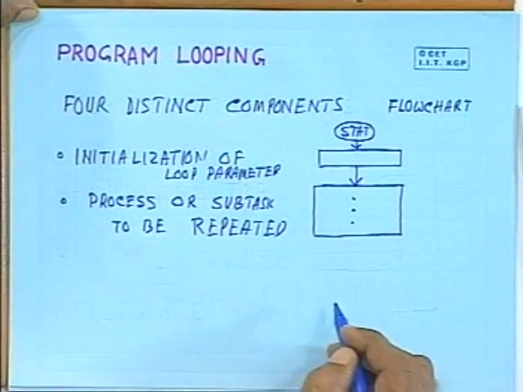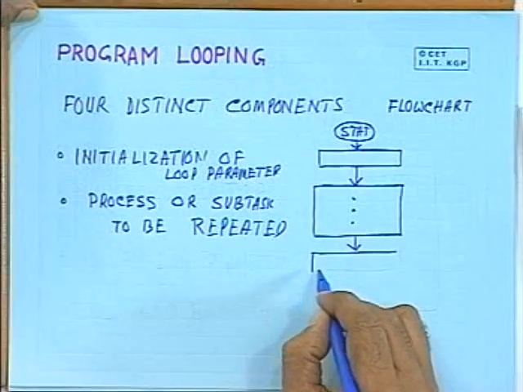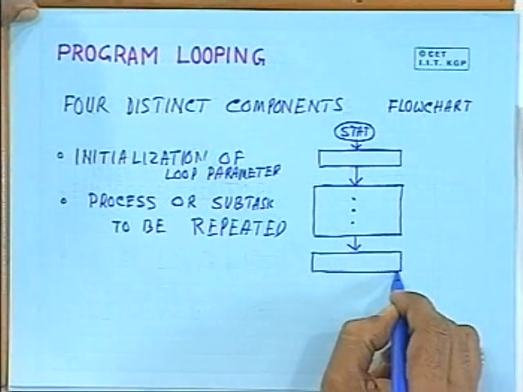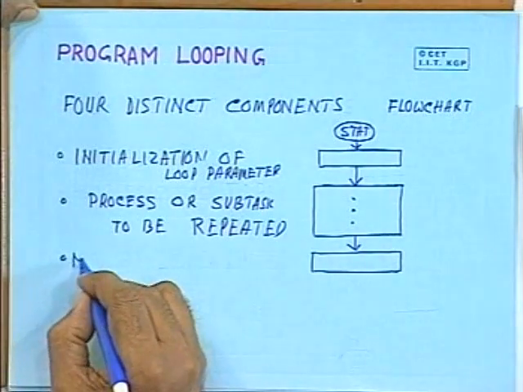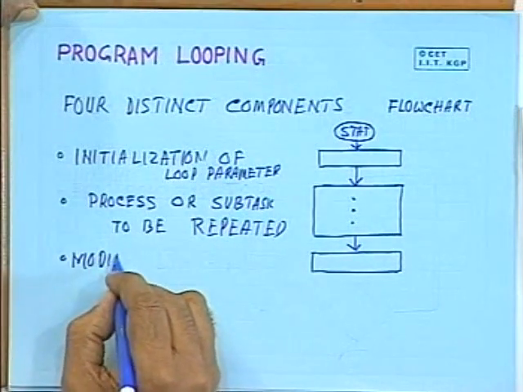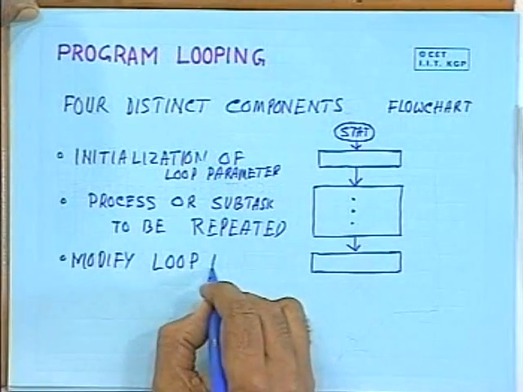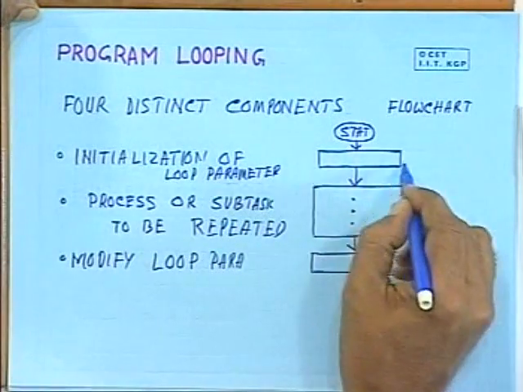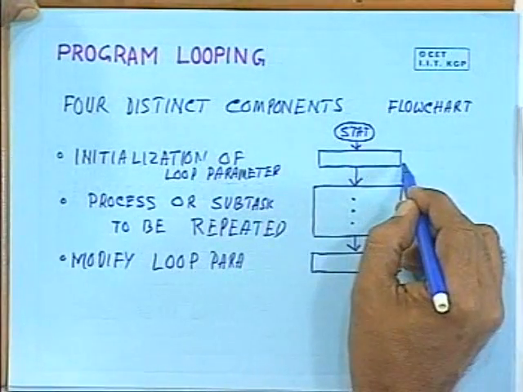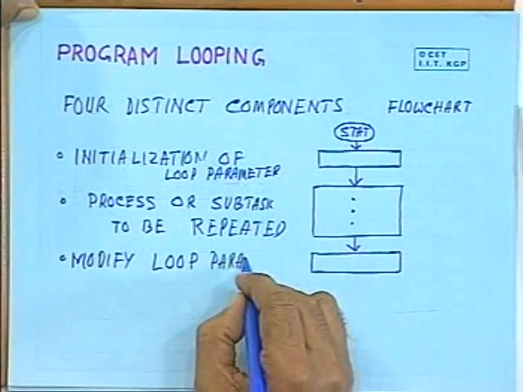And this is followed by another small block comprising a few instructions which modify loop parameters. The loop parameters which have been initialized in this block are modified here after performing the subtask.